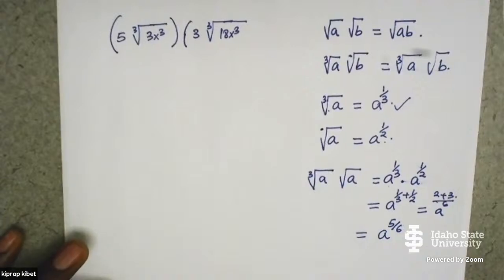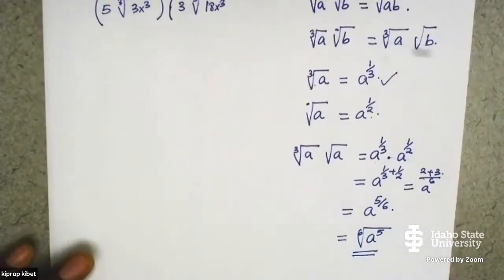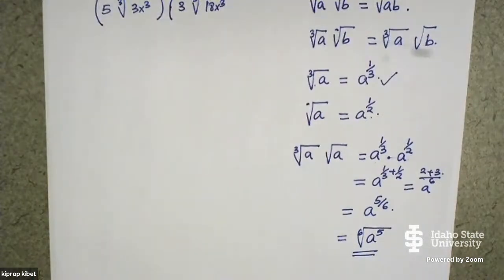Now, this is in the form of an exponent. In the form of a radical, this is equal to the 6th root of A raised to 5.